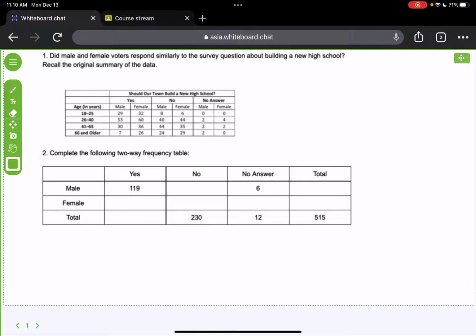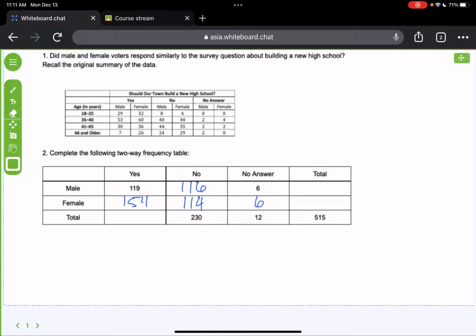Okay, so the female yes votes were 154. The male no votes were 116. The female no votes was 114. The no answers for the female was 6.